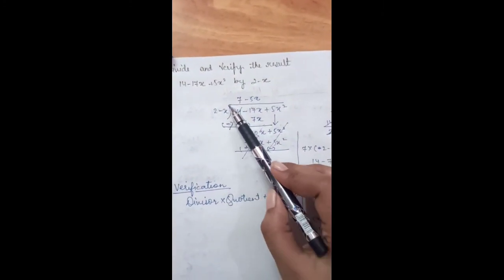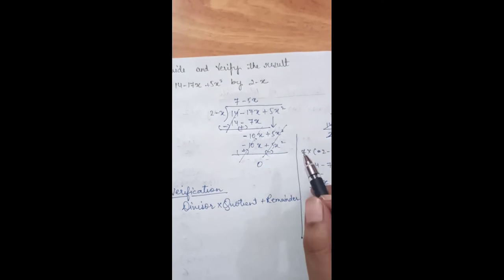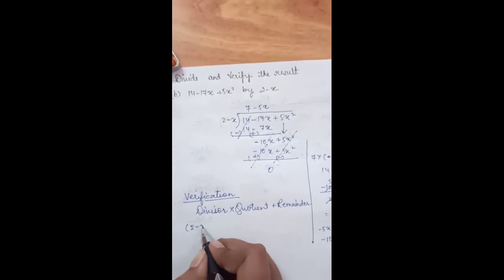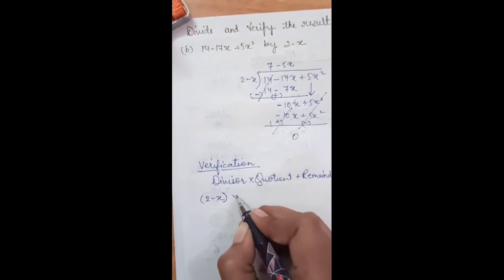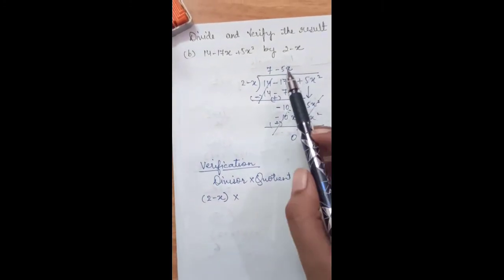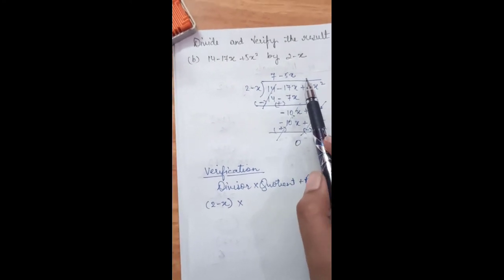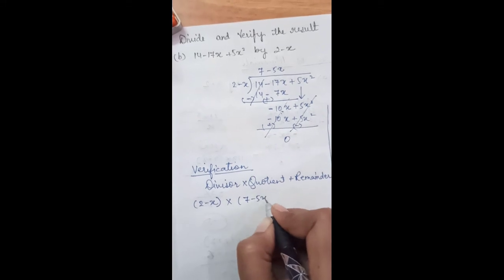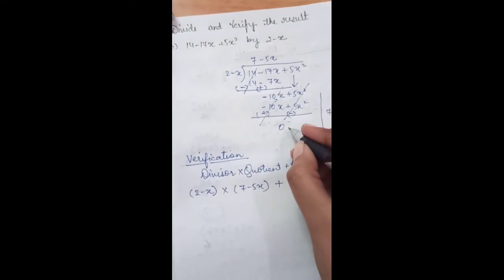So what is the divisor here? Here the divisor is 2 minus x. So we write 2 minus x here. Then multiply, write the quotient. We have a quotient 7 minus 5x. And our remainder is 0. So we write 0 here.